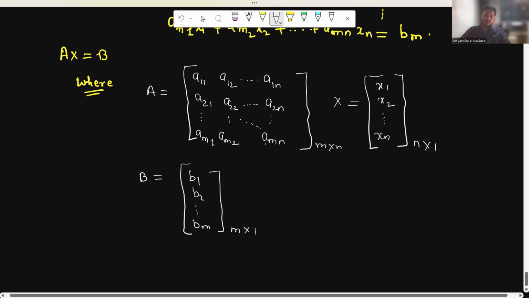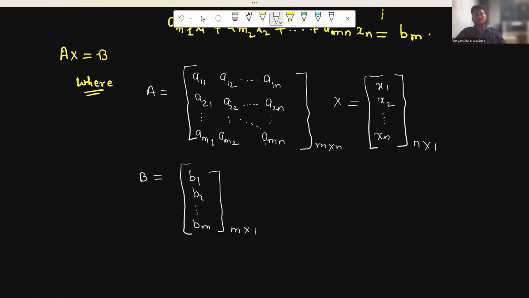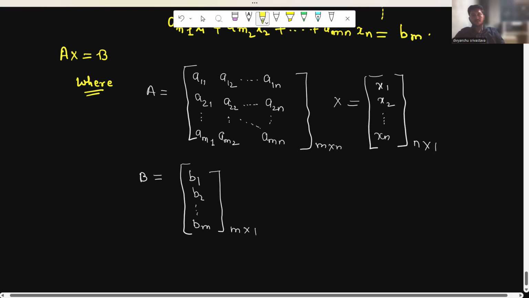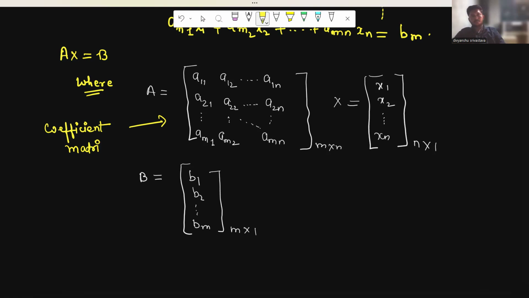These are column matrices, where A is called the coefficient matrix, x is the vector of unknowns, and b is the constant vector.